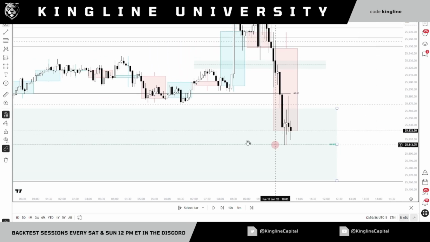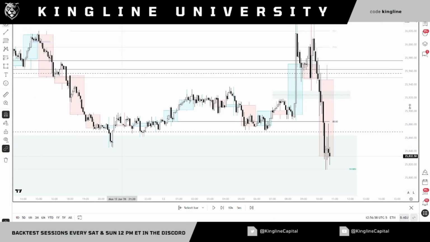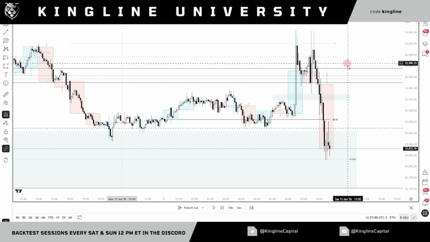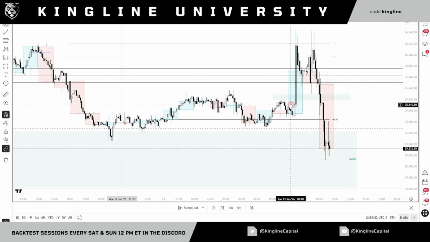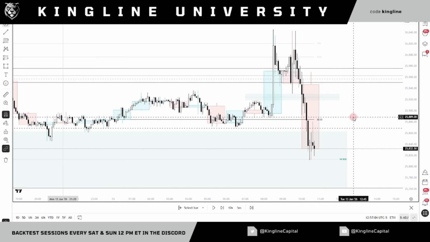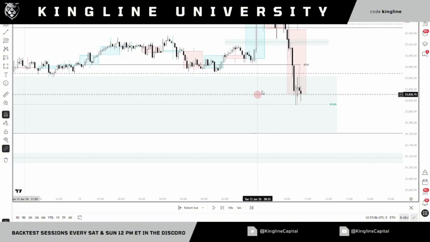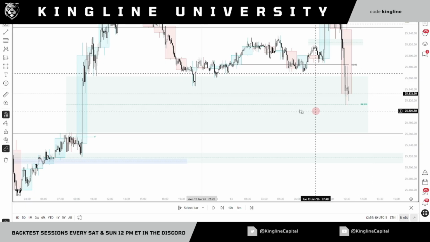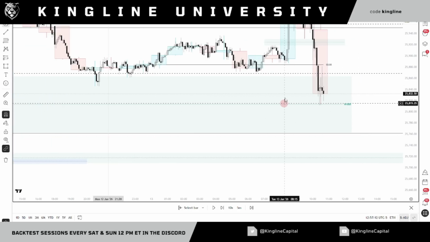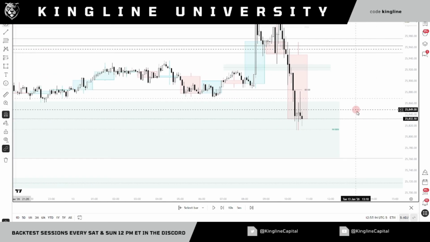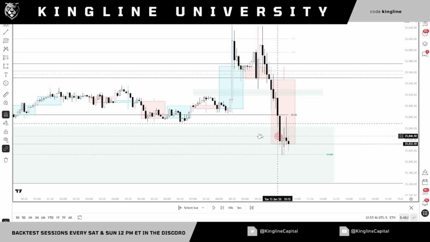At this point we've swept previous day high, we're closing below 1 hour fair value gaps, and we're now inside of this bigger one hour fair value gap. If we lose this, that's when I would be really interested in shorts. But in the meantime, I would be sticking with your long bias.